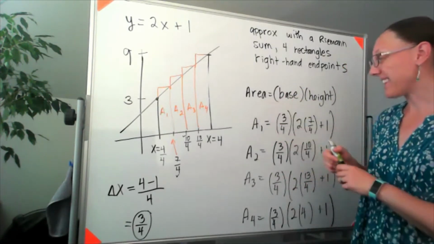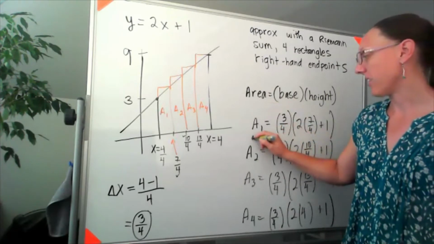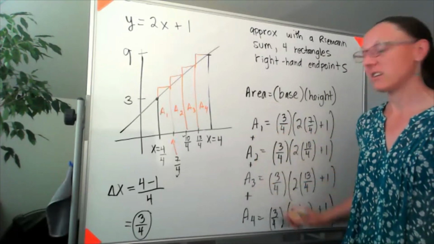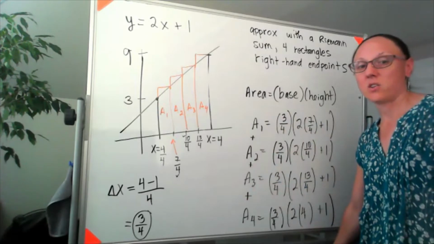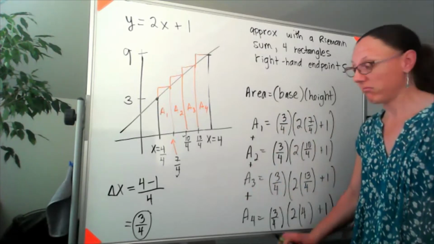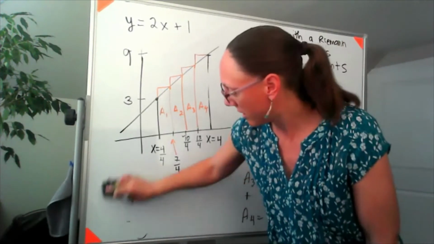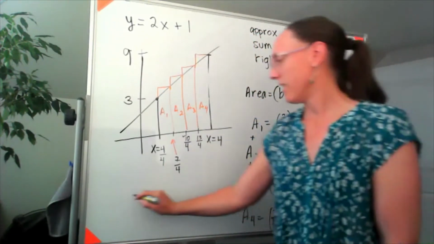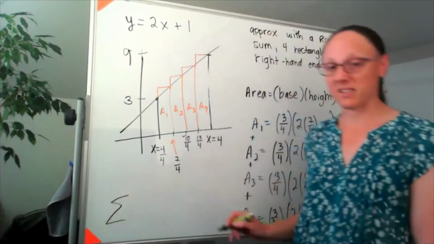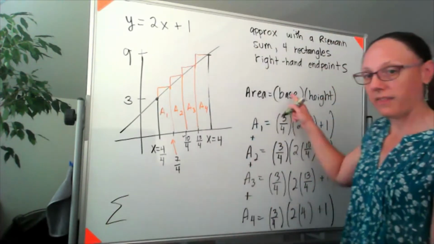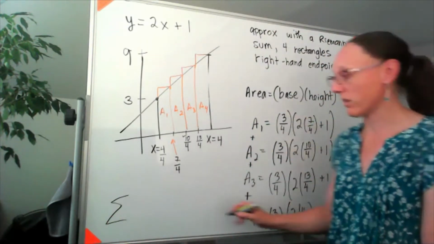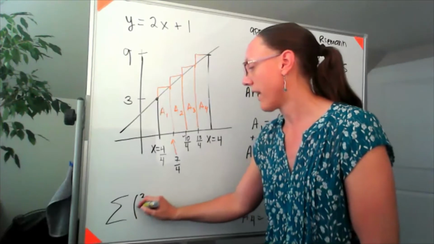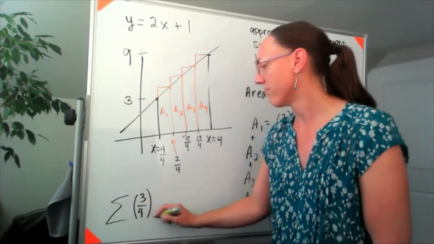Because really this area is going to be adding all of these together. So mathematicians came along and said, well, we could write this as the sum. They all have a base of 3/4 in this case. So I'd have a base of 3/4.